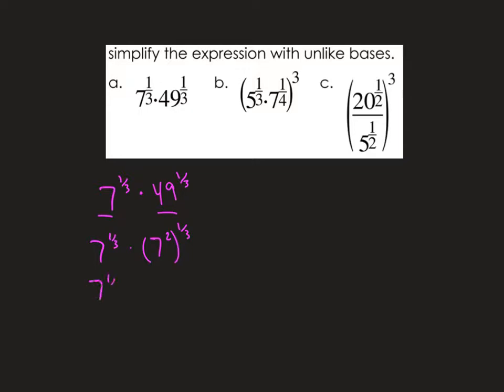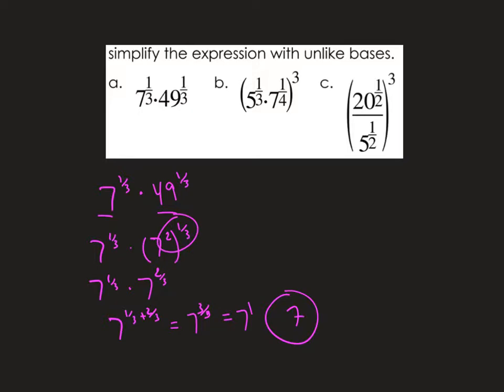That's 7 to the 1/3 times 7 to the, I'm going to multiply those, and I'm going to get 7 to the 2/3. Now I can apply the addition rule, right? 7 to the 1/3 plus 2/3 is 7 to the 3/3, which is 7 to the 1, which is 7. Wow, that was a lot for just 7.